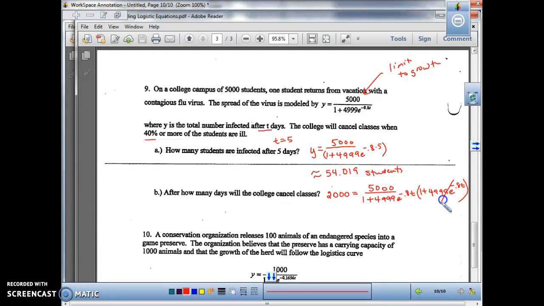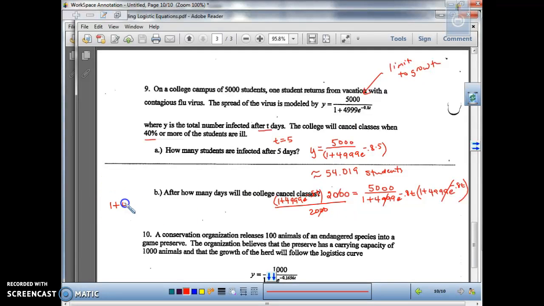And you'll get really fast at this. You'll just know these will cancel. On the left side, I'll end up with 1 plus 4,999 e to the negative 0.8 t times 2,000 is equal to 5,000. So I'm just going to divide both sides by 2,000 now, so I have 5,000 over 2,000 on the right side. Let me bring this over here and tidy it up.